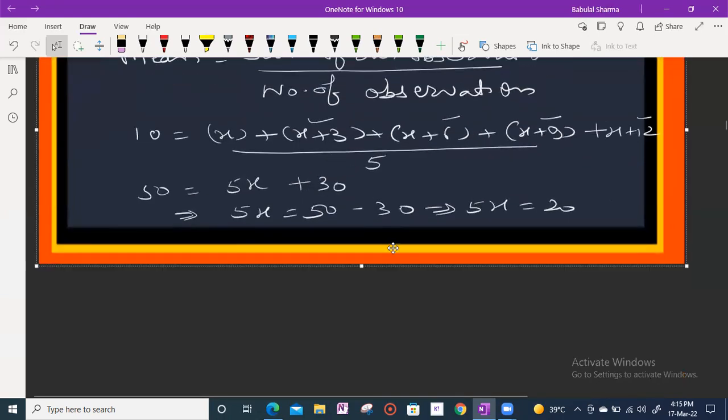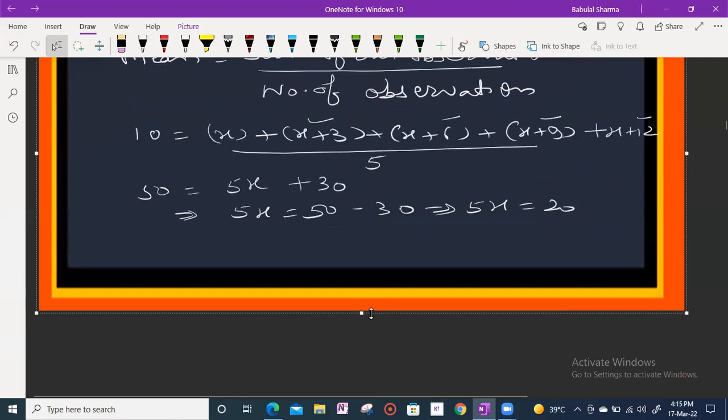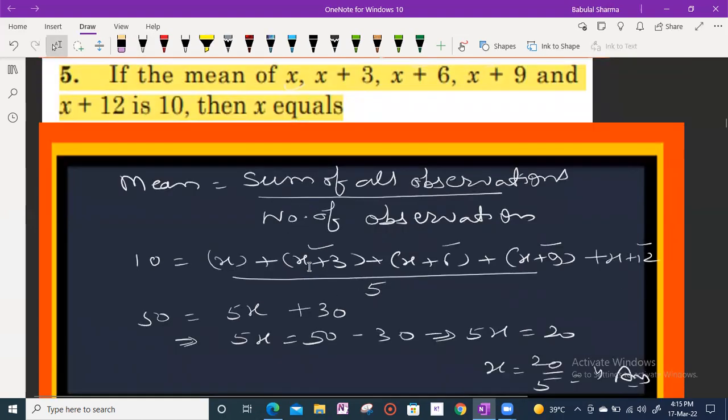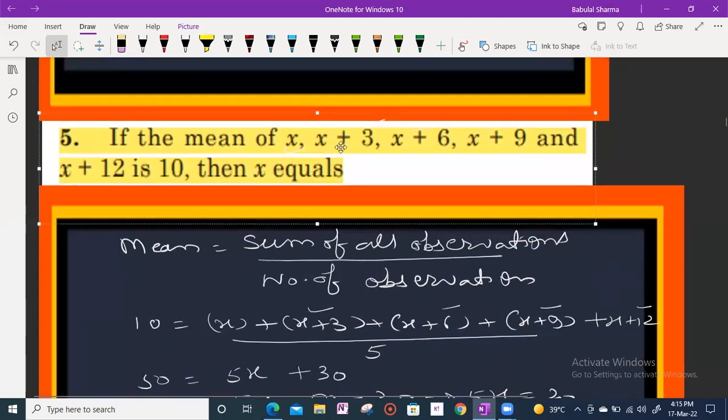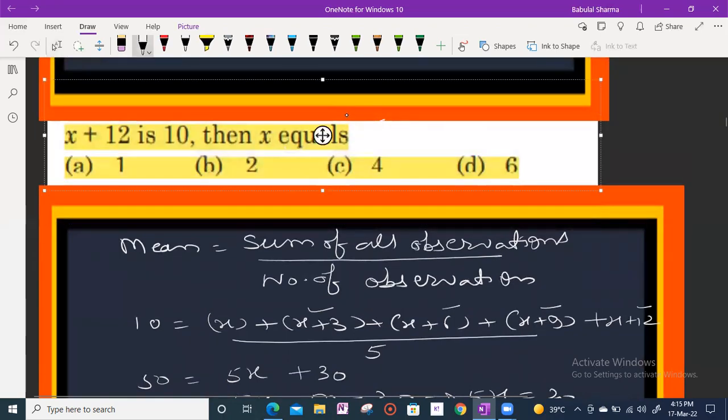So the value of x is 20 by 5, that is 4. Answer. So the value of x is 4 here. Now we can check the answer. Please write in your notebook carefully and practice these questions. 4 is the answer here, so C is the correct option.